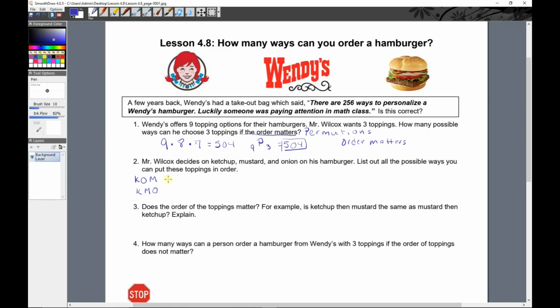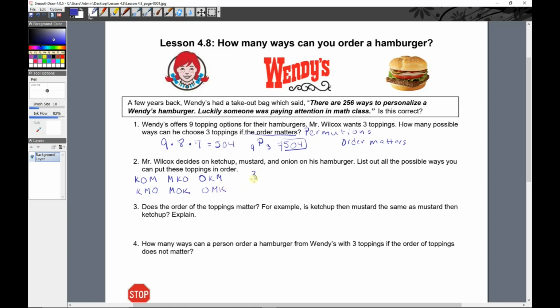The next thing I'm going to do is start with mustard. Follow that with ketchup and onions, and I can do mustard a second time and then switch those 2 to get onions and ketchup in that order. The last thing that we can use to start with will be onions, and we can have ketchup and mustard after that, or onions and switch those around, mustard and ketchup.